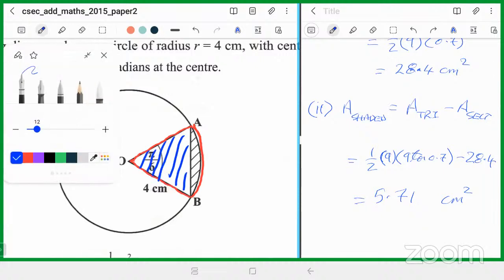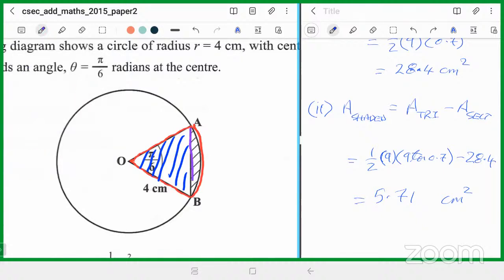That leaves us with this area shaded, which is a segment, which is what they want us to find, the purple segment. So it's the area of the red sector minus the area of the blue triangle, the sector triangle, that's going to leave us with the area shaded. The area shaded is a segment.